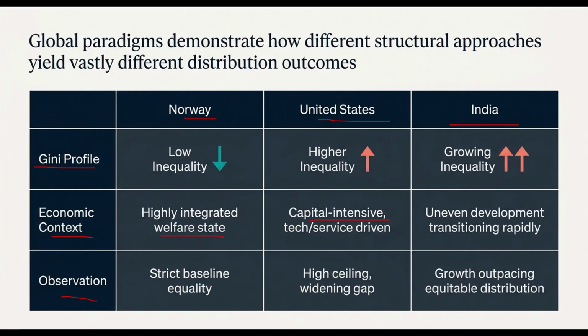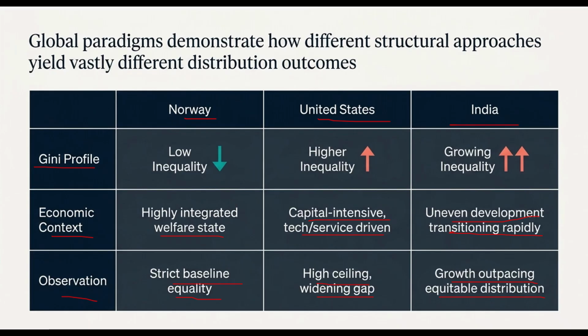It is capital intensive or tech service driven. And India, uneven development, transitioning rapidly. Okay. An observation: it is strict baseline equality, and here it is a ceiling widening, and here growth outpacing equitable distribution.